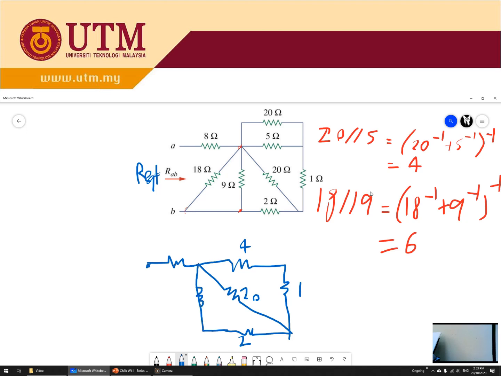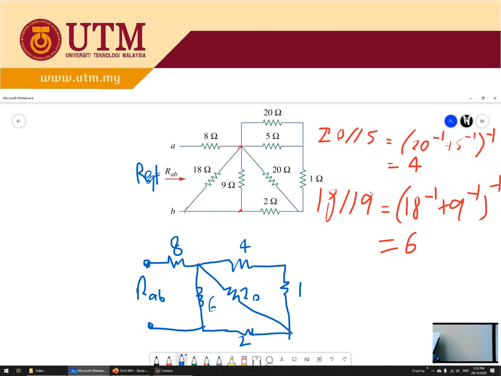We have combined this, so it becomes 1, which is 6. Then RAB. So you can see that you have simplified it.